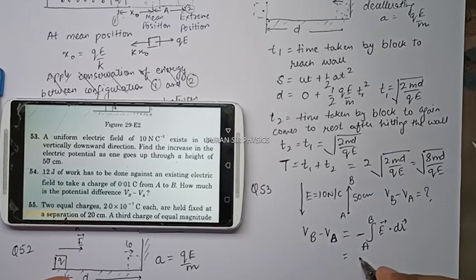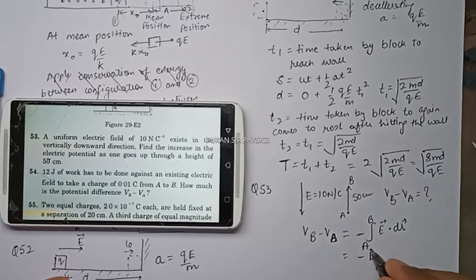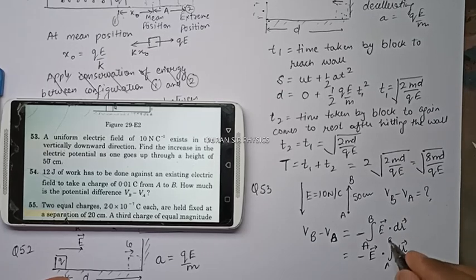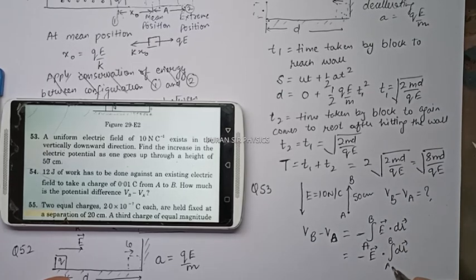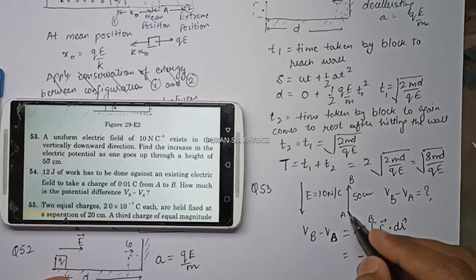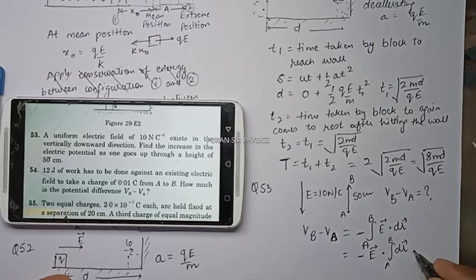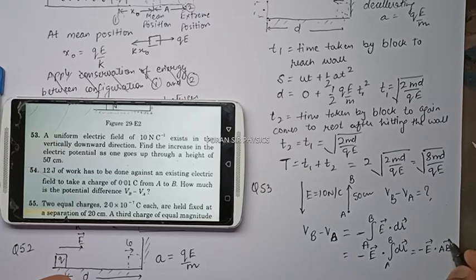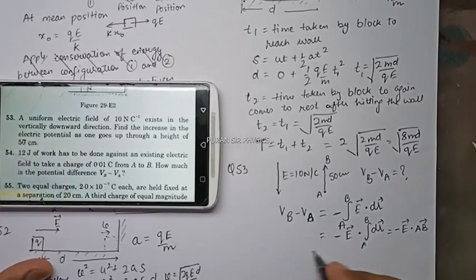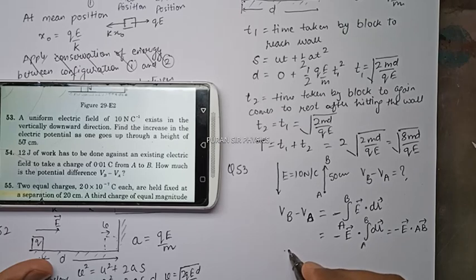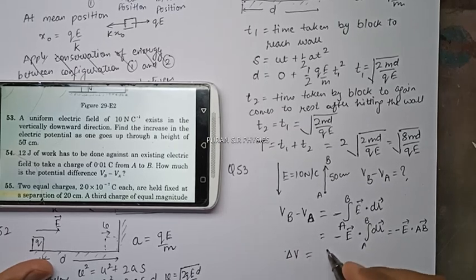Since the electric field is constant, I can write it as it is, E dot integral of dr from A to B. This integral from A to B will be your AB vector. So it can be written as minus E dot AB vector. So your change in potential VB minus VA will be the dot product of this with a negative sign.